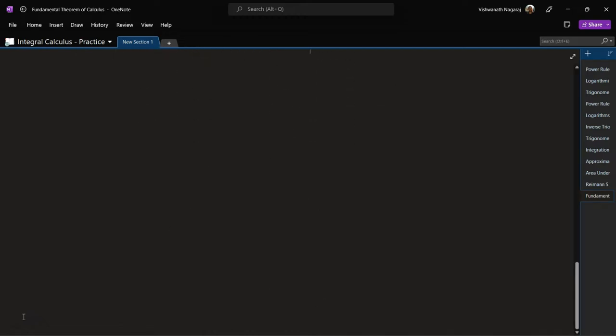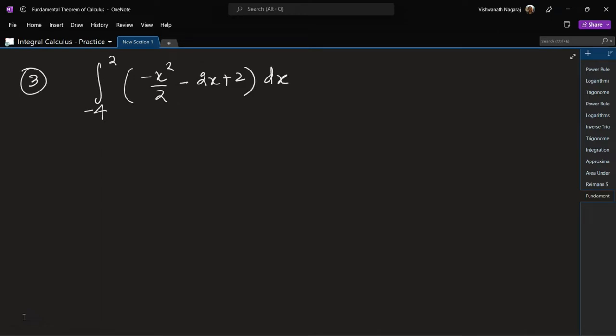Okay. Third one, integral from minus 4 to 2 of minus x square by 2 minus 2x plus 2 dx. Integrate: minus x cube by 3 times 2, minus 2x square by 2, plus 2x, from minus 4 to 2.